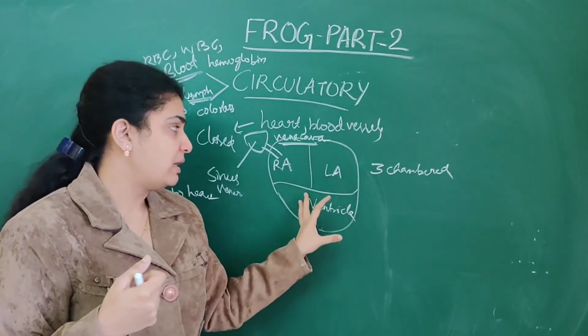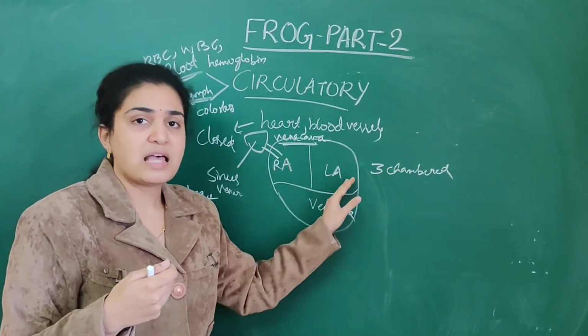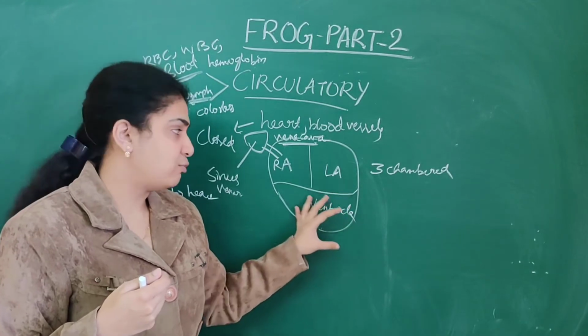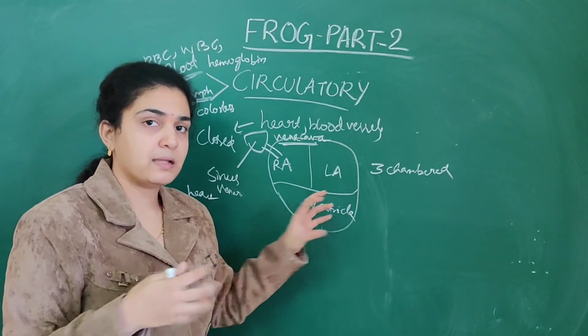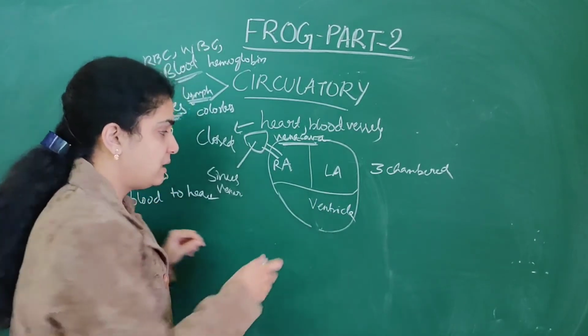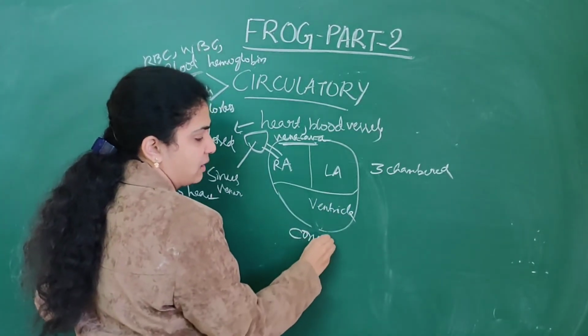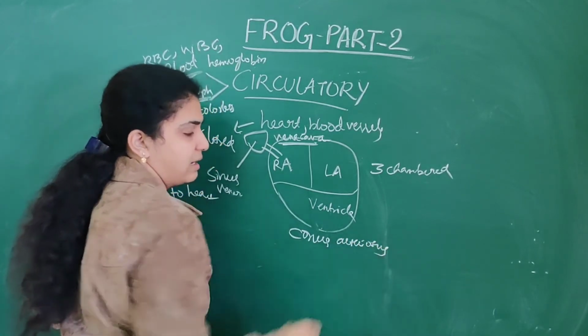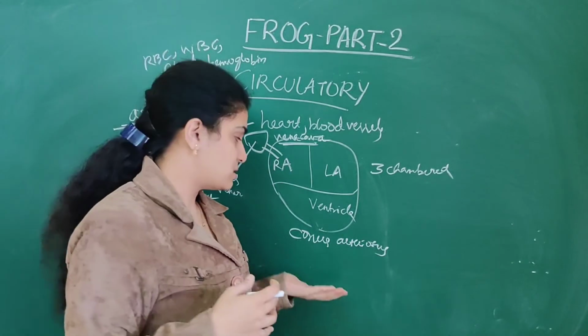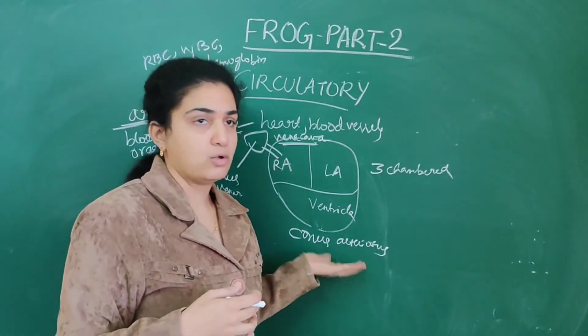The blood which enters from the right atrium as well as from the left atrium is mixed in the ventricle. And from here, through the conus arteriosus, blood is passed to different organs.